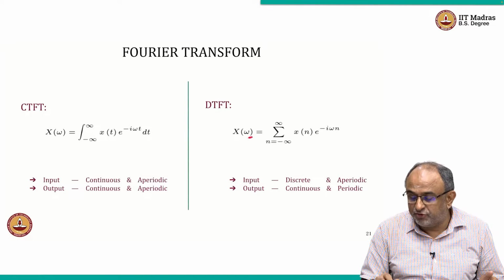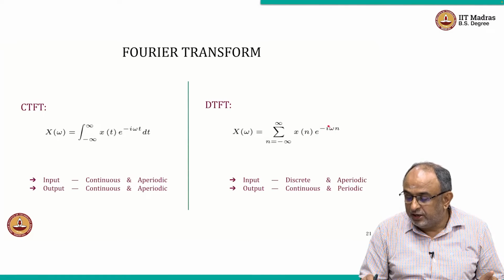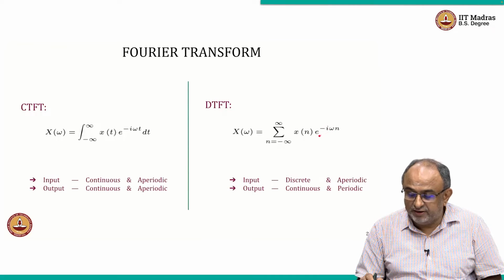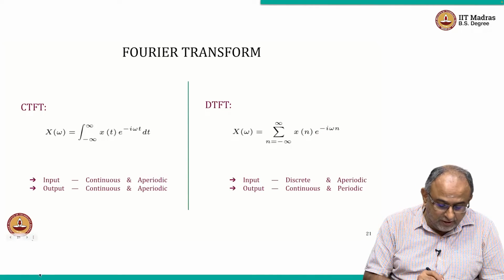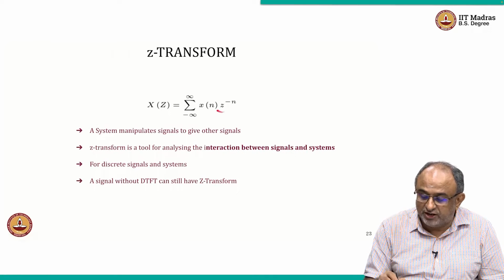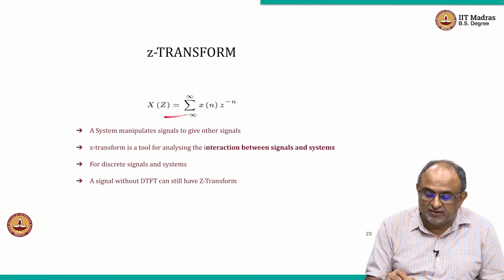So, if you see, X of omega is the sum of x[n] e to the power of minus j omega n. If I write z equals e to the power of j omega, then this will become z to the power of minus n. And this looks very similar to the Z transform that I have, z raised to the power of minus n times x[n].